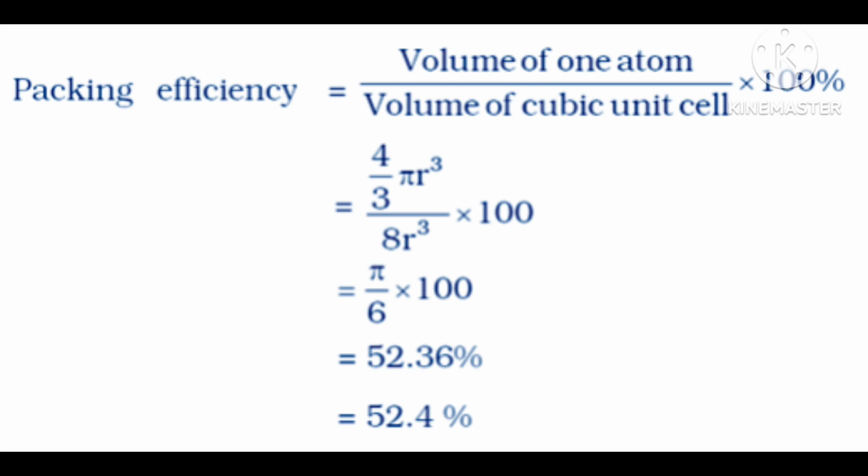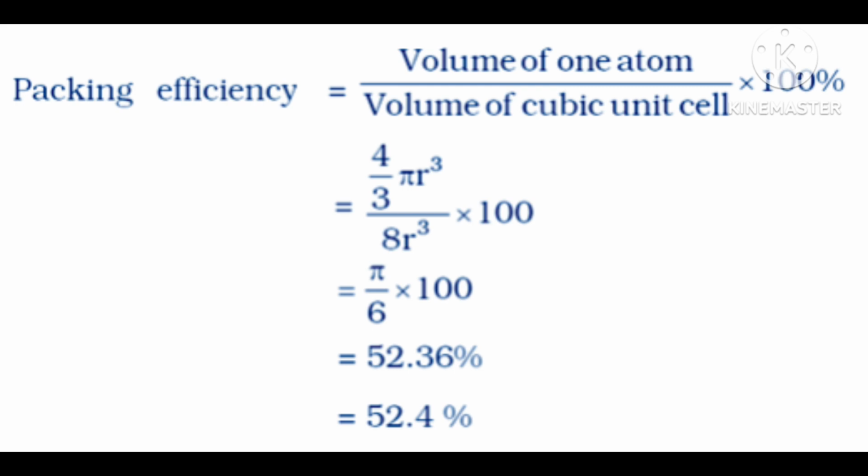Now put in the whole values: Z is equal to 4, M is equal to 107.9 into 10 to the power minus 3 kg per mole, divided by a cubed, that is 408.6 into 10 to the power minus 12 meter cubed, and the Avogadro number 6.022 into 10 to the power 23 per mole.